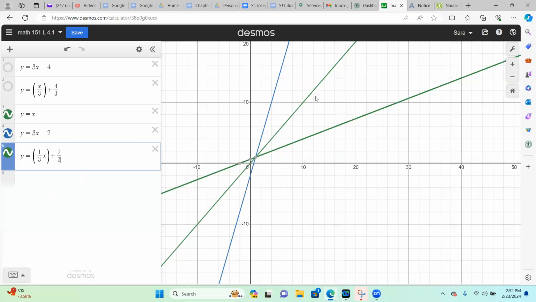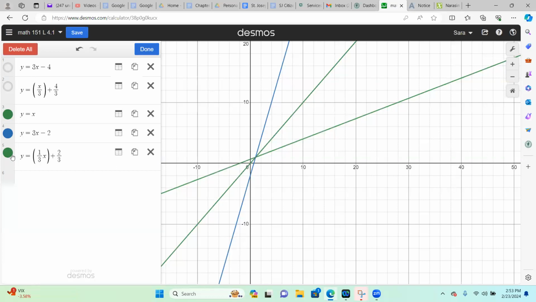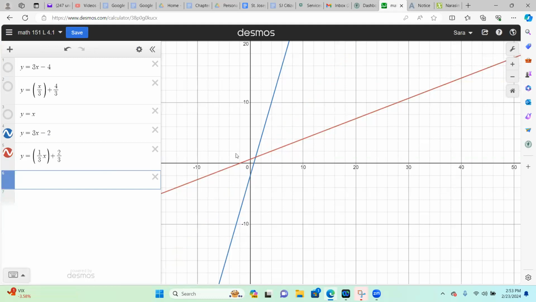And you can see they are symmetric about the line y equals x. So I'm going to just change the color of this to a different color. Red. Okay. So these two lines are symmetric around the line y equals x. And that's how we prove visually that they are inverses of each other.